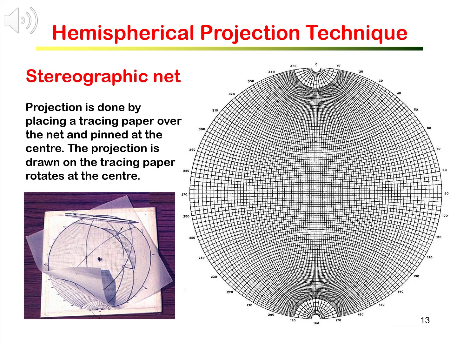You can read more about the stereographic net from the books and the internet. The stereographic net normally used in rock mechanics, and also used in this session, is the equal area net, shown by the big net on the right.